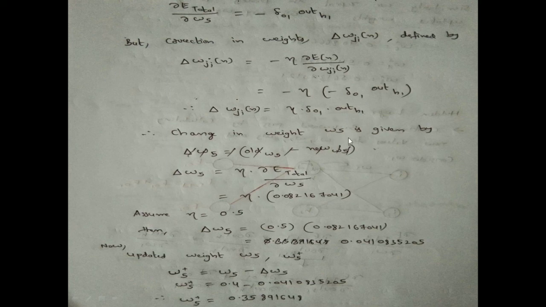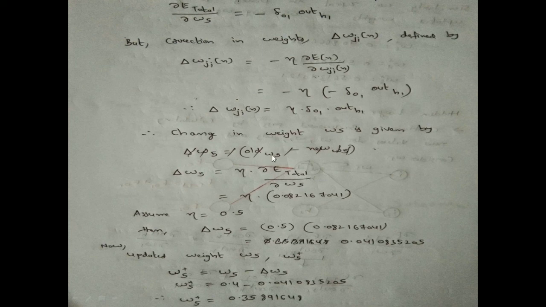So now we wanted to update the weight of W5, right? All we are doing till now is to update the value of W5 so that the error can be minimized. So let us assume the eta value to be 0.5. The change in the weight W5 is now given by delta W5 is equal to eta into ∂E_total by ∂W5, that is the change in the total error energy with respect to the change in weight W5.